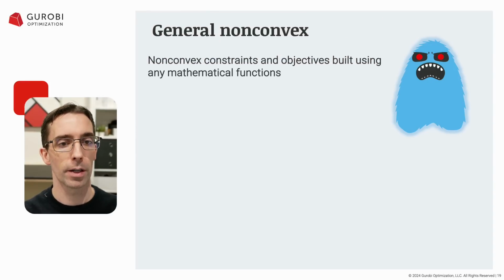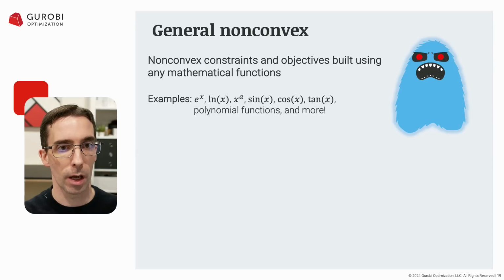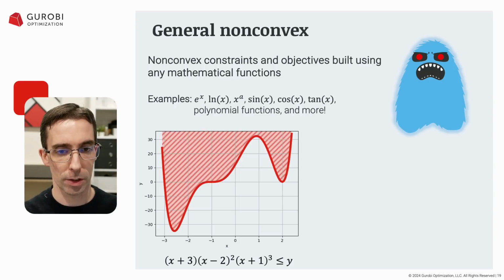Finally, we can talk about general non-convex. These are the most complex types of models, and they require specialized global methods to handle the nonlinear terms. Some examples of these include some of the examples I've highlighted in the previous example section. Again, we will use spatial branch and bound and solve our convex node relaxations. Here we may include a wide variety of different functions like exponentials, logarithms, trigonometric functions, and more.